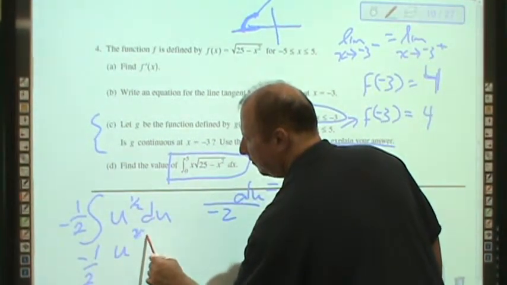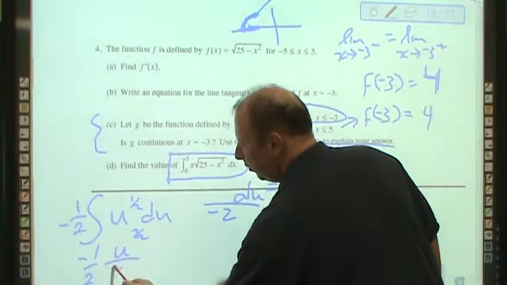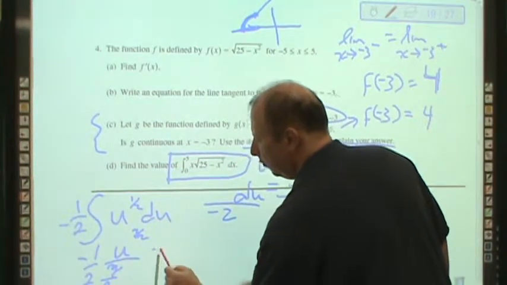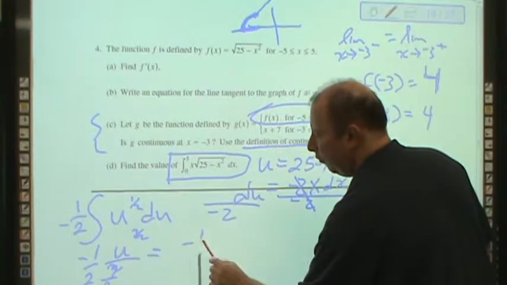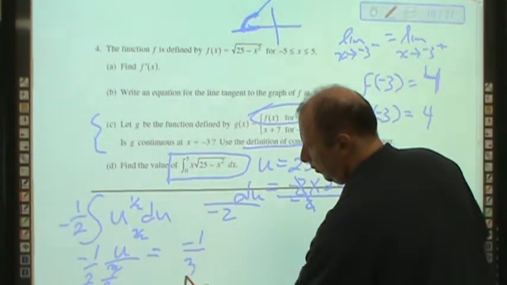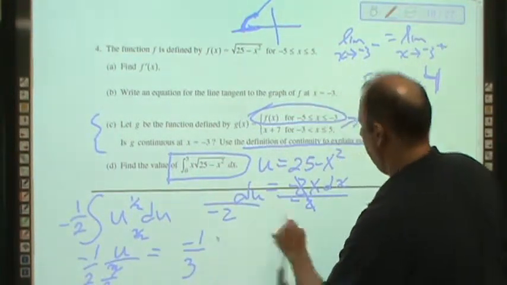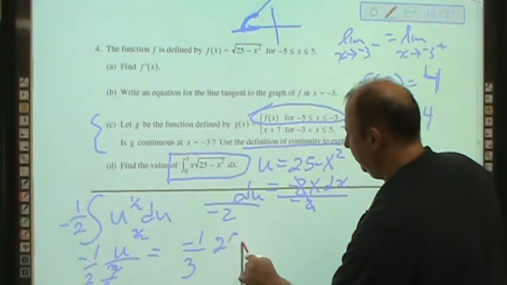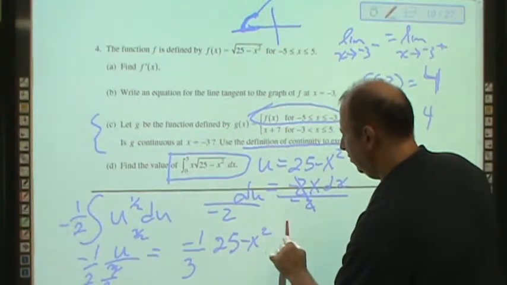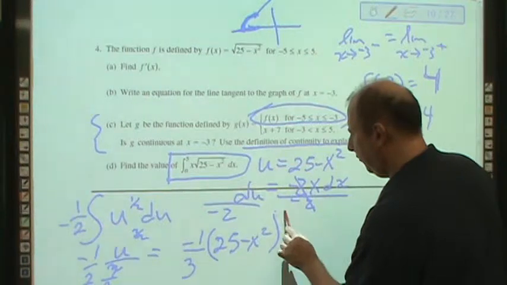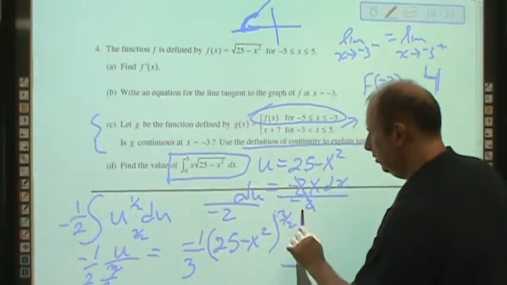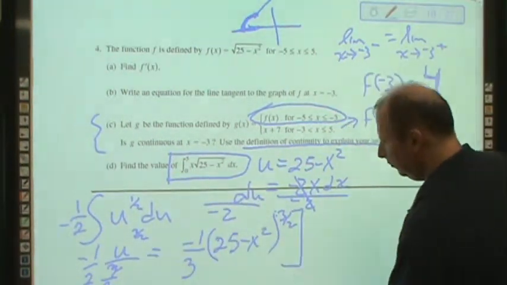u to the 3/2 power over 3/2, which of course is equal to negative 1/3 times 25 minus x squared to the 3/2 power, from 0 to 5.